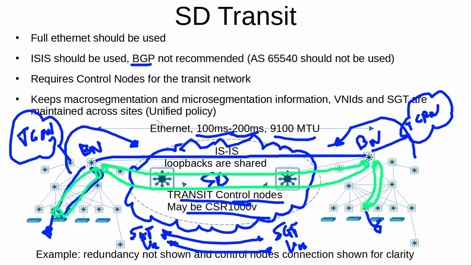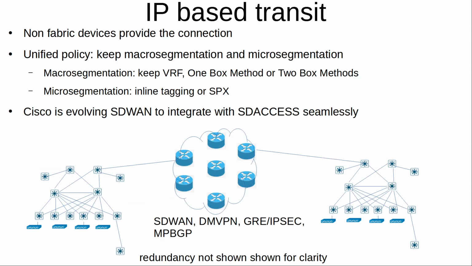This is known as unified policy, and it is the advantage of using an SD transit connection between sites. So let's examine how the IP-based transit works. Remember that in this case, we're going to use a traditional IP network as our wide area connection.